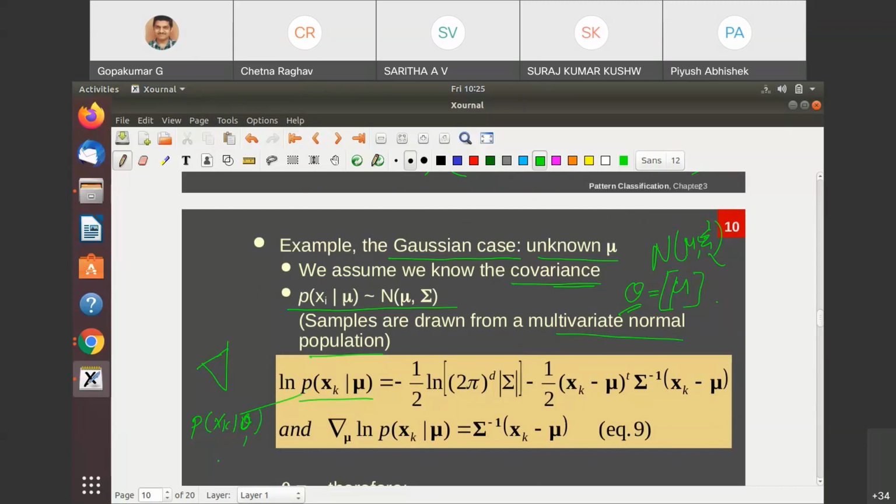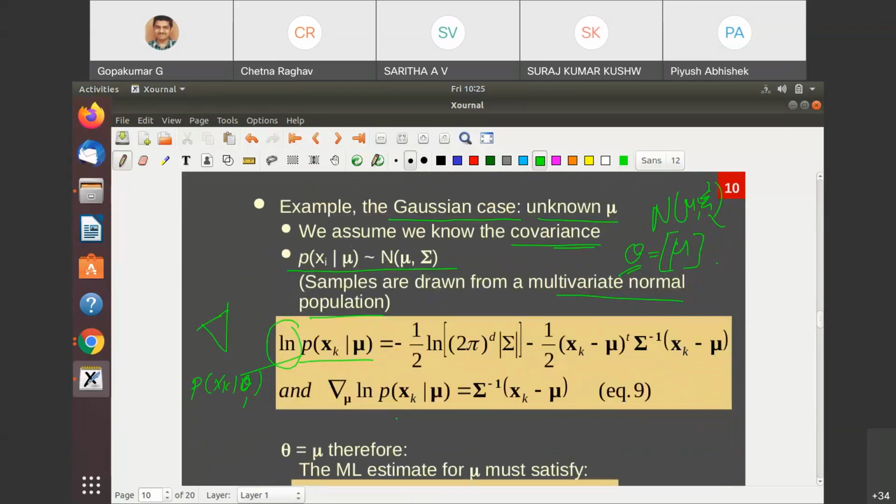Here theta is mu, and we are considering the logarithm function. So we have the previous equation. We know the equation for the Gaussian distribution: we have 1 by 2 pi raised to d by 2. That equation we have already studied.